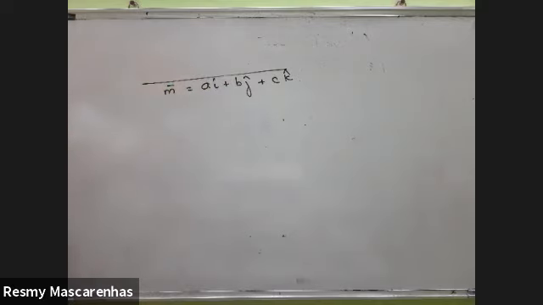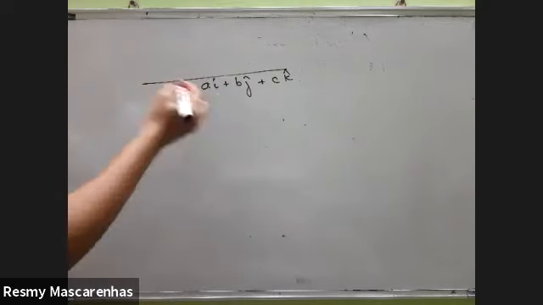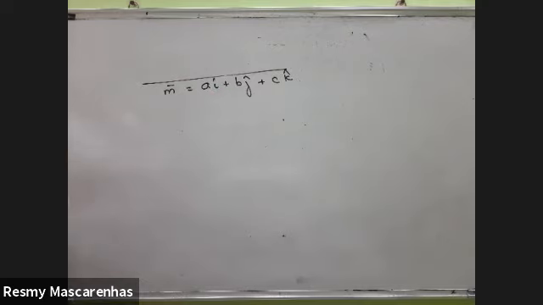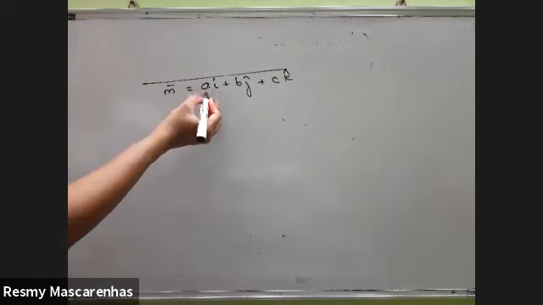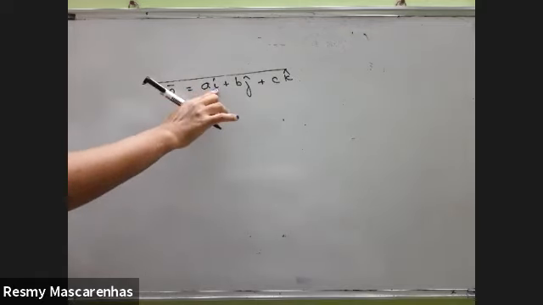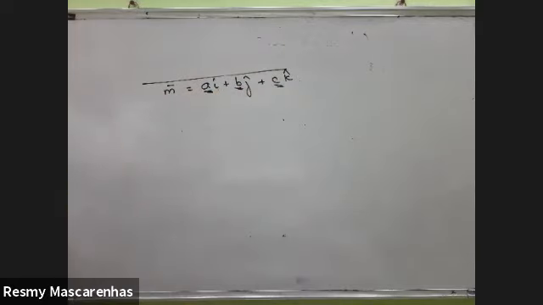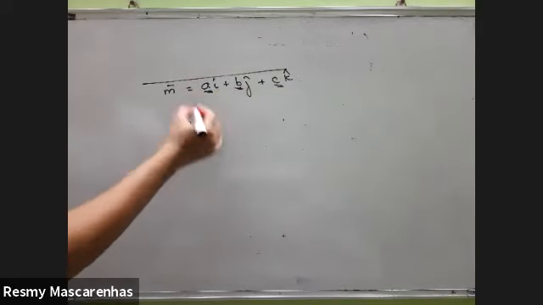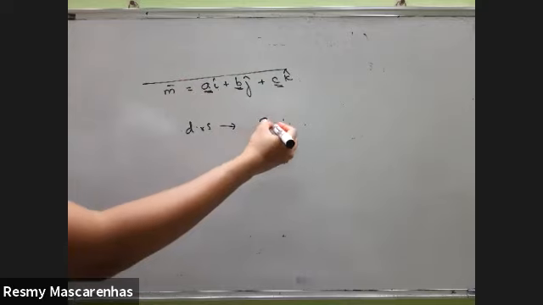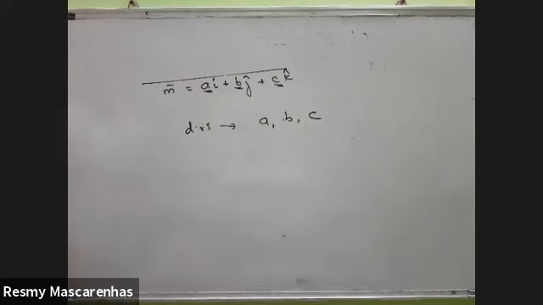You are asked to find the direction ratios of that line. Where will you get the direction ratios? They are nothing but the coefficients of i cap, j cap and k cap. So the direction ratios of this line are a comma b comma c.